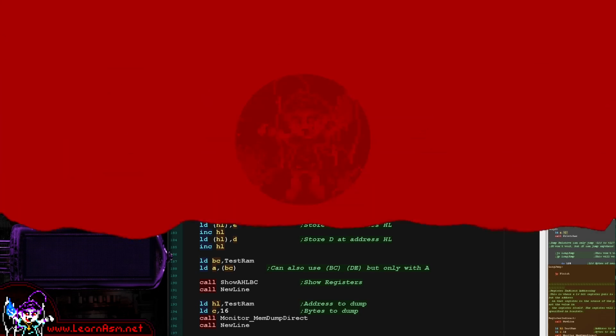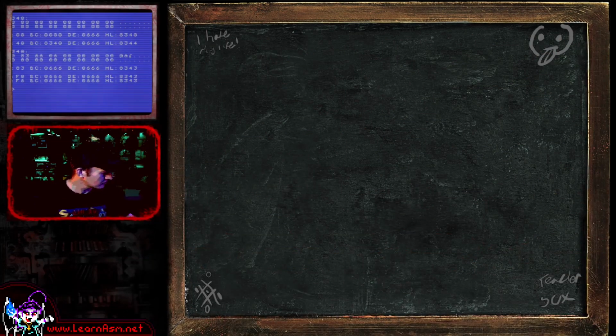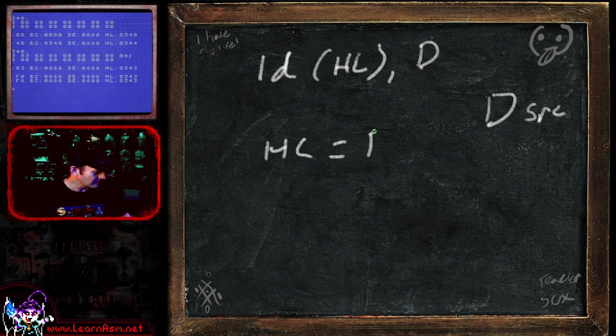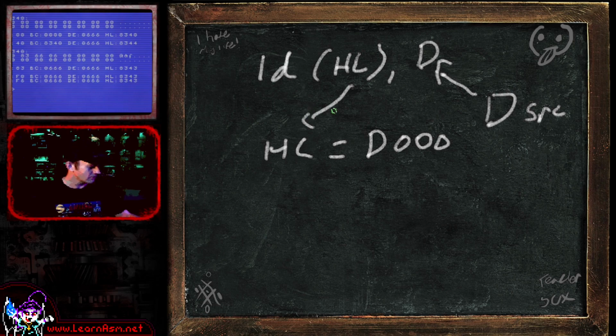And so if we just go to our blackboard here, just to make it clear, so basically when we have a command LD (HL), D, we've got our register D, which is the source, and we've got our address register HL, which maybe contains D000, just for argument's sake. Now our D is the source, but our HL isn't used directly as the destination because of these brackets.